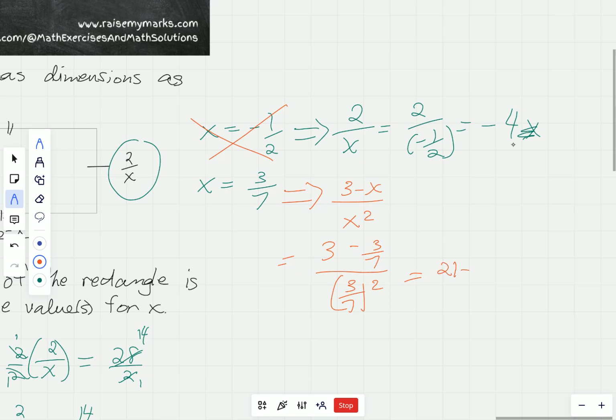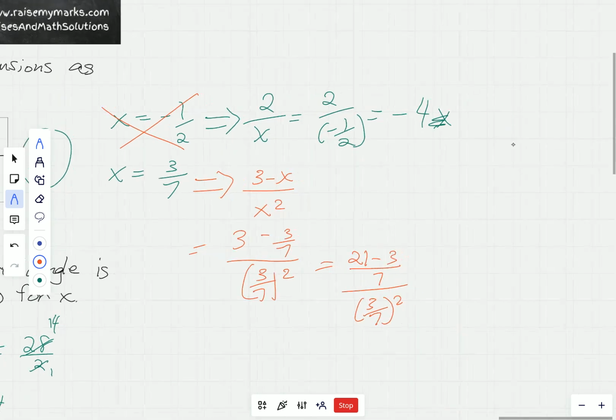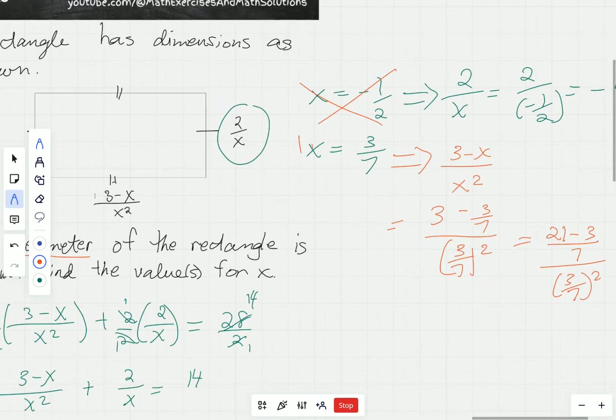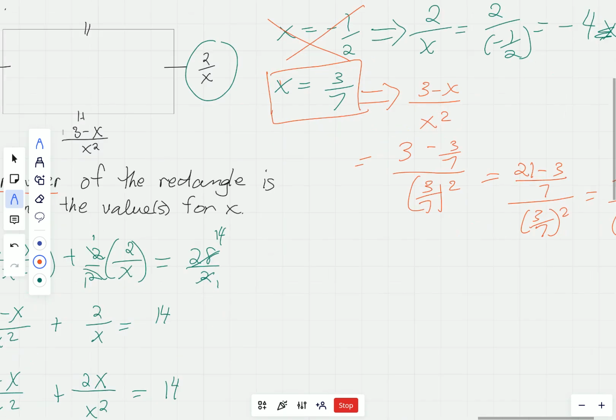We have 21 over 7 minus 3 over 7, which is 18 over 7, over 3 over 7 all squared. This is a positive number, so we're good. That means our answer is x equals 3 over 7. Therefore, x equals 3 over 7.